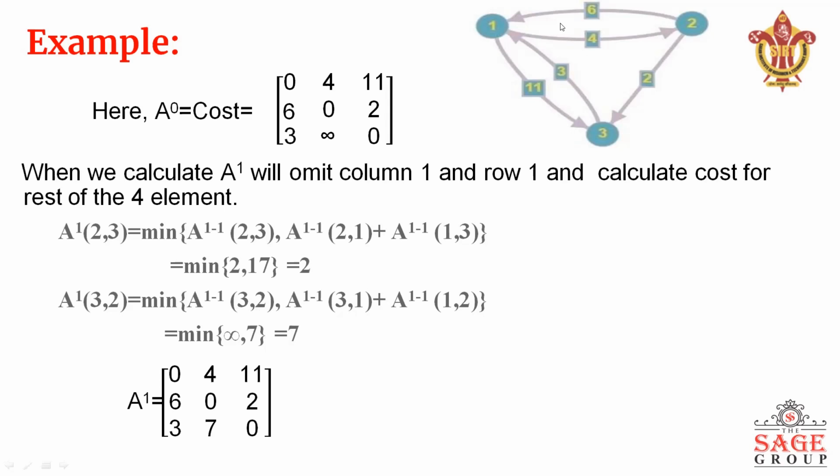But if we use 1 as an intermediate vertex, the cost is 3 plus 4, equal to 7. So we apply the minimum function and receive the shortest distance 7. We update our cost matrix A0 by putting these values into it, and so for the next step A1 we find this cost matrix.